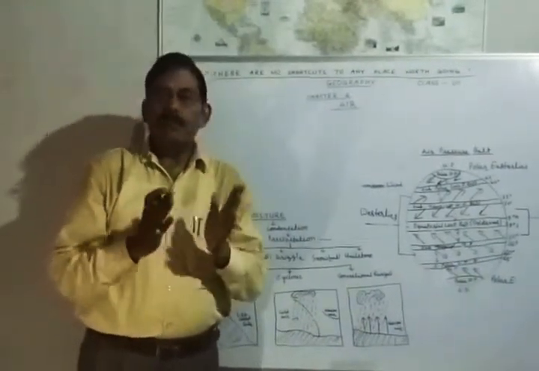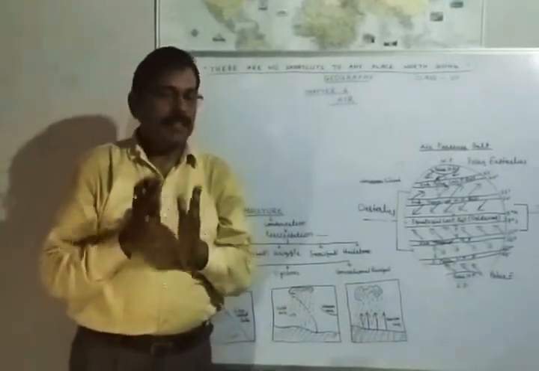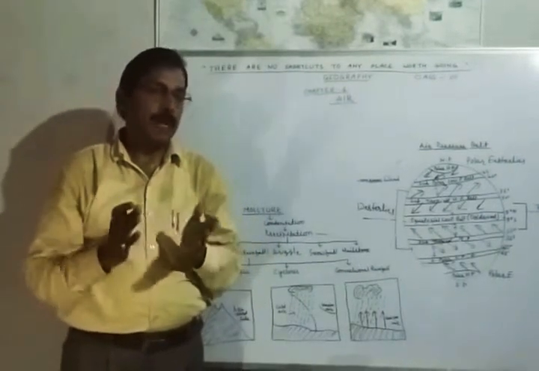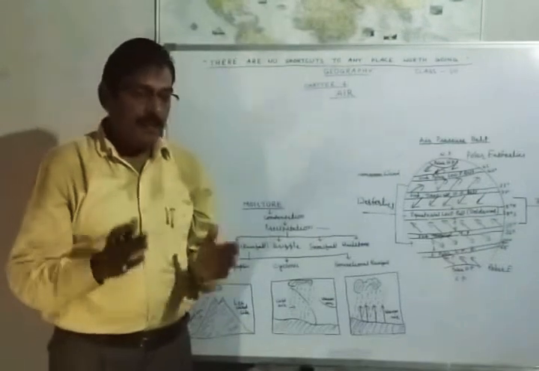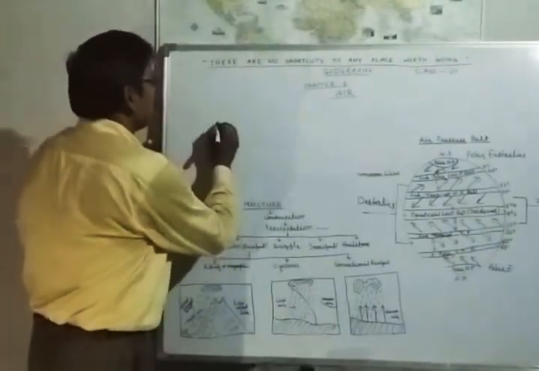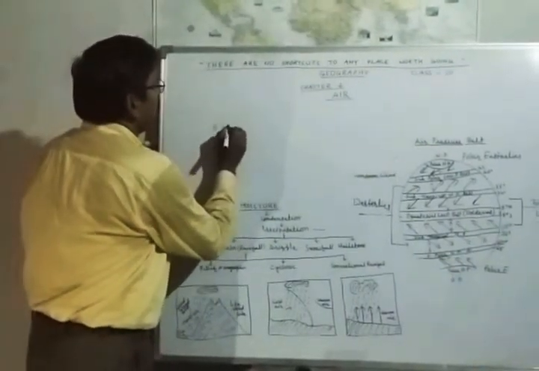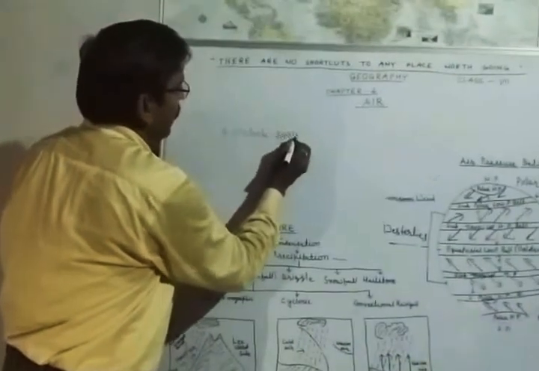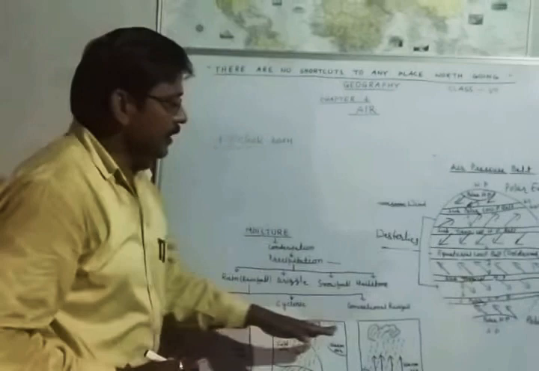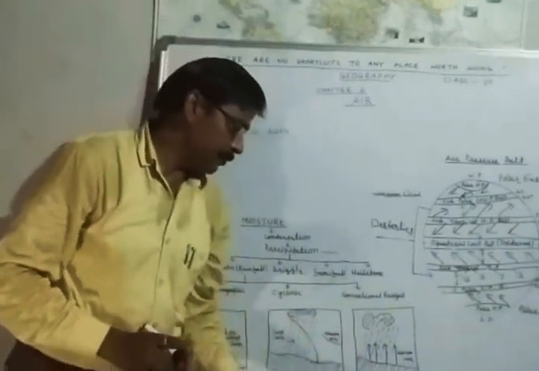Every day between 12 to 2 p.m. moisture gets condensed and forms clouds, and between 2 to 4 p.m. it rains. This rain is also called 4 o'clock rain. Okay, so this occurs in the equatorial region only.